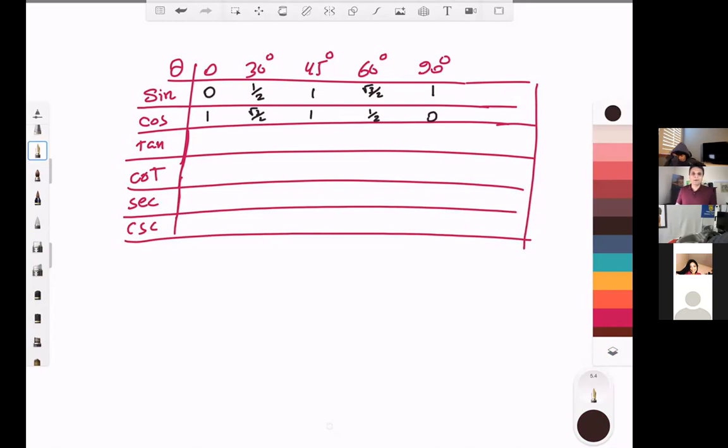So it's easy to memorize now that you know the cofunctions. Tangent and cotangent are 1. Why did I put 1? What's wrong with it? This is radical 3. Sorry about that. Radical 2/2, radical 2/2.